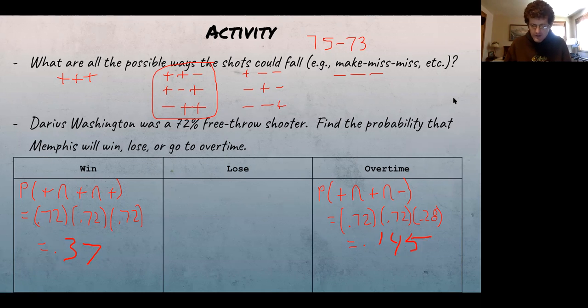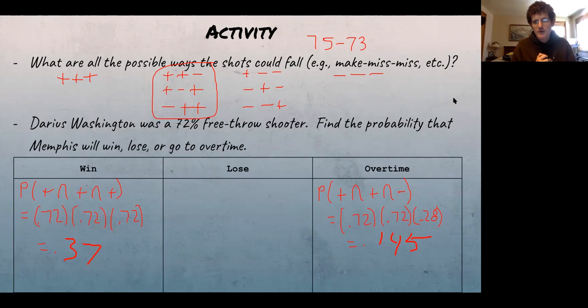So keep in mind with this one, it's not just a 14.5% chance that we go to overtime, because there are 3 different ways that we could go to overtime, in the sense that he could miss the first, the second, or the third, and it's fine.